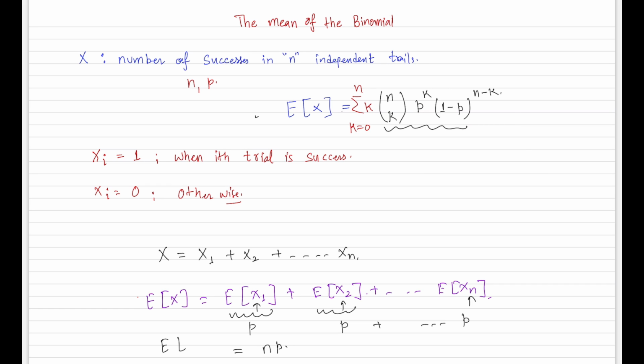So the expected value of a binomial random variable is n times p, where n is the number of trials and p is the probability of success.